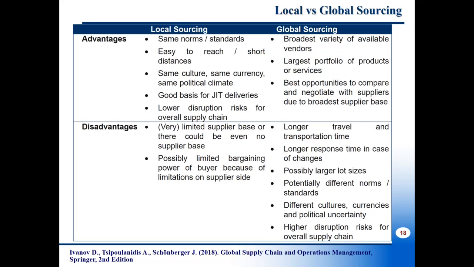The table indicates some advantages and disadvantages of the two extreme geographical sourcing strategies, local versus global sourcing. In between these two extremes, there are also opportunities to follow a national sourcing strategy.